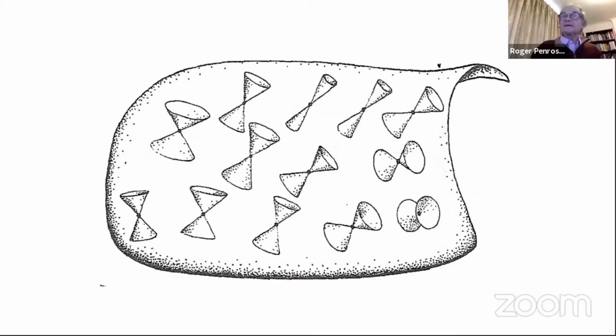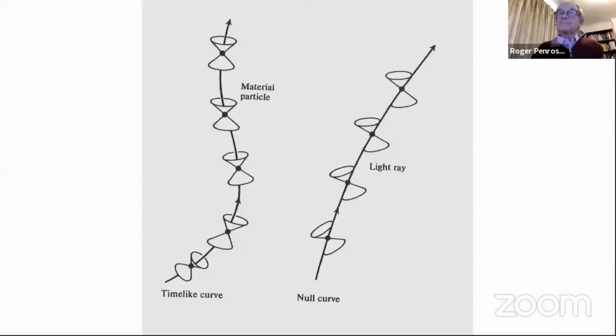We'll come back to that later, but I want to say particularly you imagine your space-time to have these cones. Of course, because your space is four-dimensional, you always have to imagine there's an extra dimension, so drawing them as cones like this is not quite honest because you're only looking at two spatial dimensions where you really have to have three. So you've got to bear that in mind all the time.